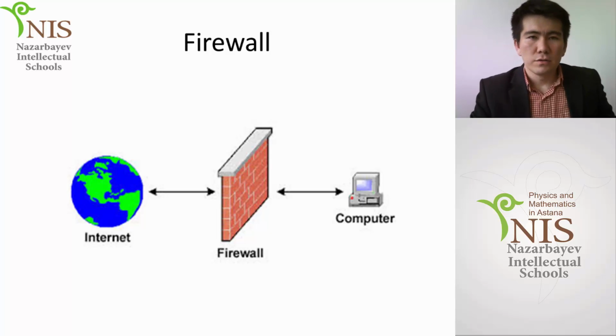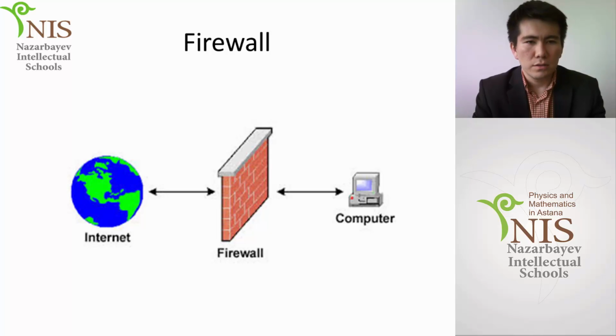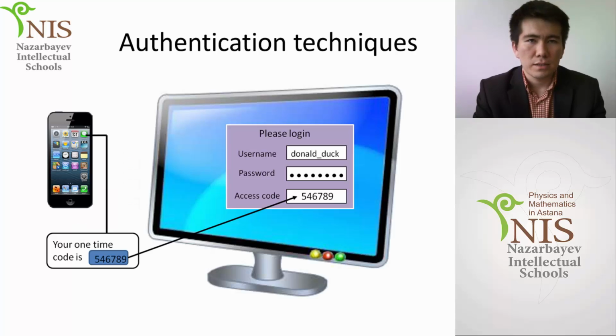Let's carry on. So one of the methods could be firewall. Of course, you know firewall from the previous units, from the previous topics. Firewall provides us some protection from bad things, for example, attacks from hacking when we are using the internet.